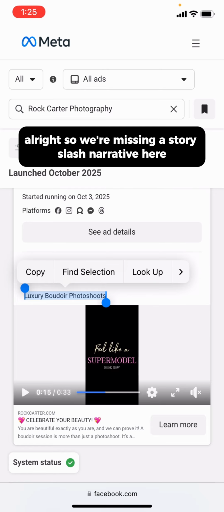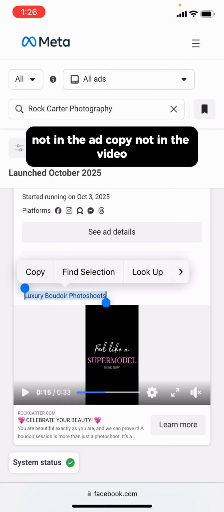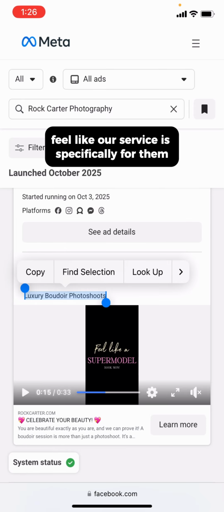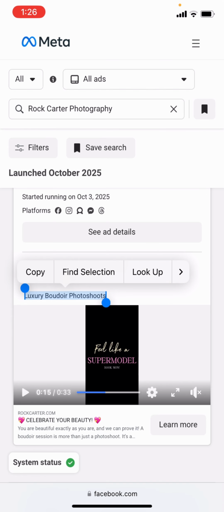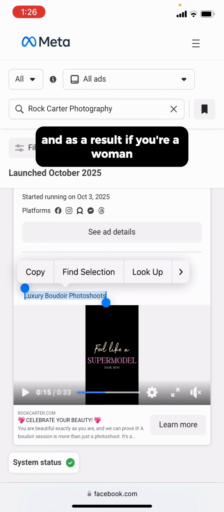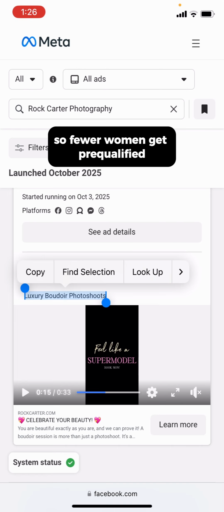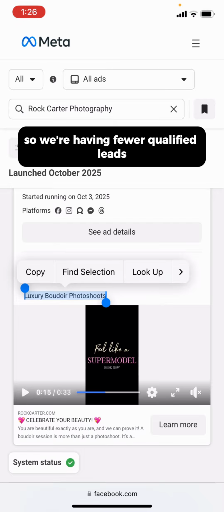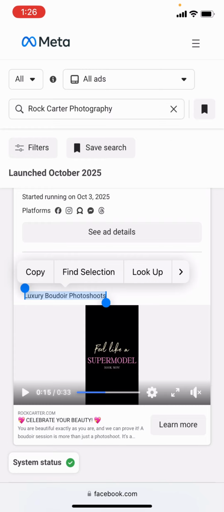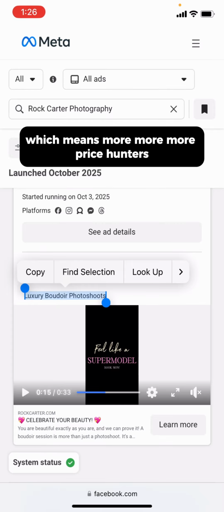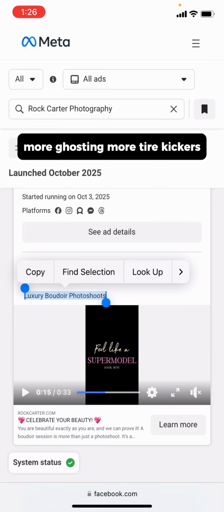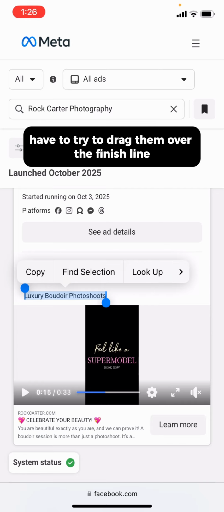All right, so we're missing the story and narrative here, not in the ad copy, not in the video. We have fewer women feeling like our service is specifically for them. As a result, fewer women consume our full ad copy and watch our full ad video. So fewer women get pre-qualified, so we're having fewer qualified leads, fewer qualified appointments, which means more price hunters, more ghosting, more tire kickers. Have to try to drag them over the finish line. Even then, they don't want to pay anything.